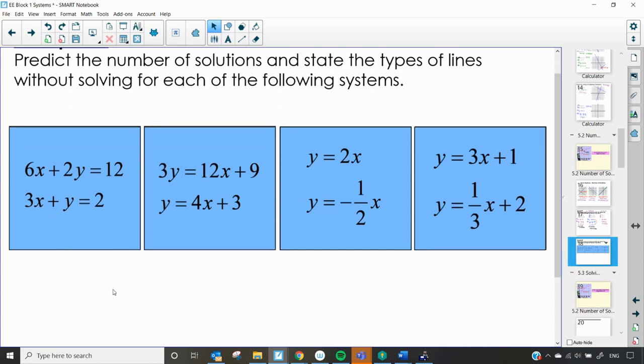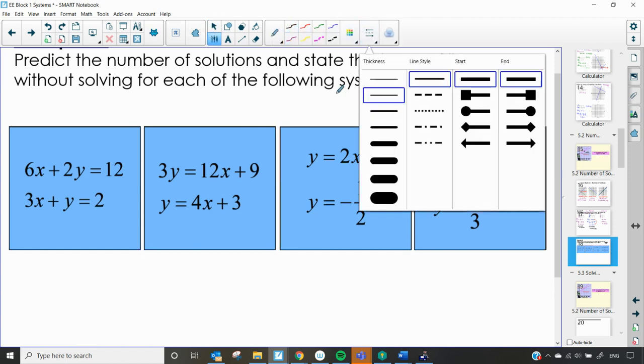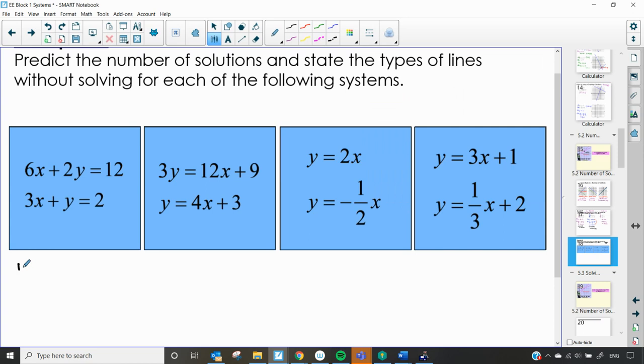All right, so for the first example here, we've got 6x plus 2y equals 12. And so if I start to manipulate my equation here, for equation number 1, I'm going to have 2y equals negative 6x plus 12. Divide by 2, y gives me negative 3x plus 6.